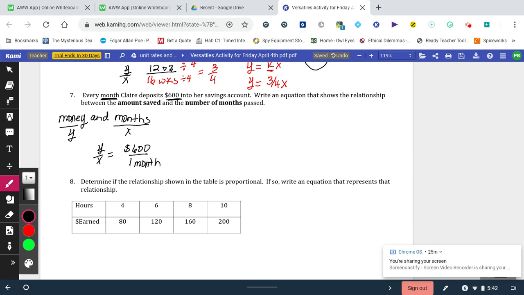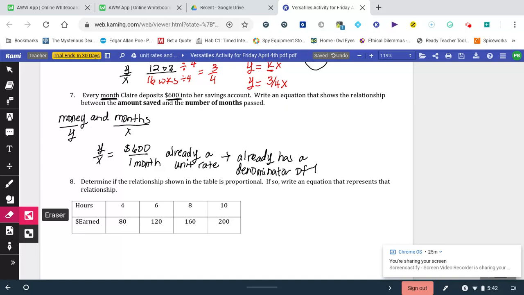It's already a unit rate because it already has a denominator of 1. It's what she's doing per month.